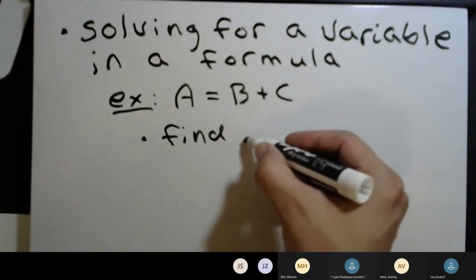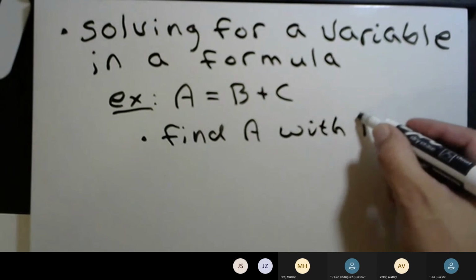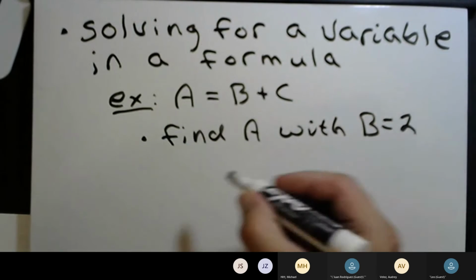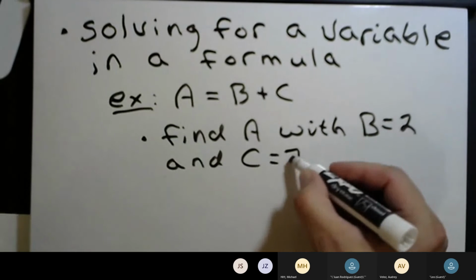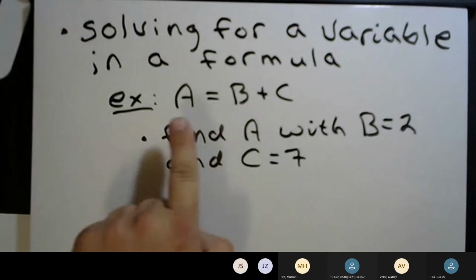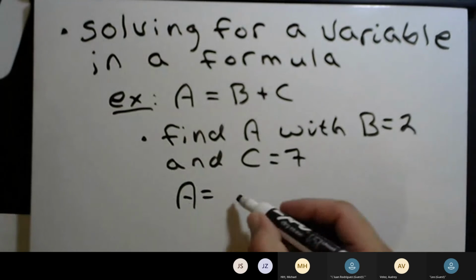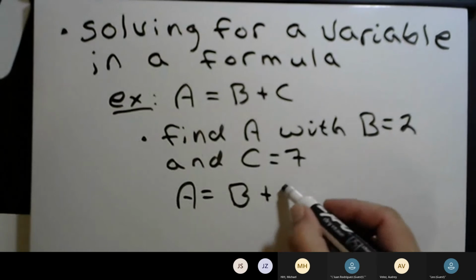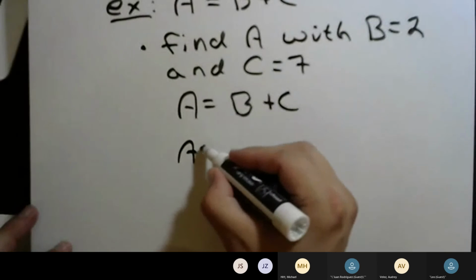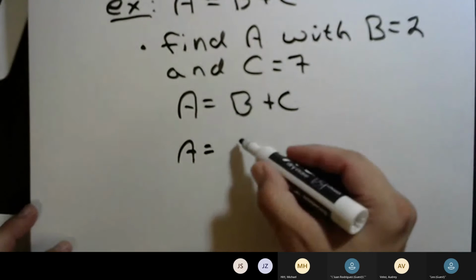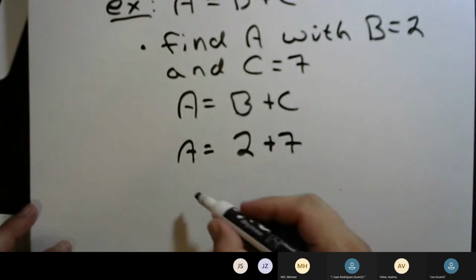So what we might be asked to do is find A with B equals 2 and C equals 7. Now, we've seen this before. We've seen some very complicated examples of this. But just to kind of review, we have B plus C. We're going to replace B with 2 and C with 7.